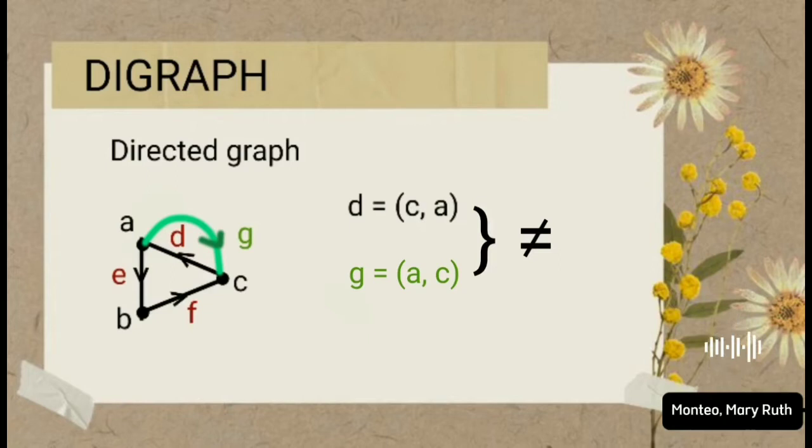Edge D goes from C to A and edge G goes from A to C. These two sets are not equal.